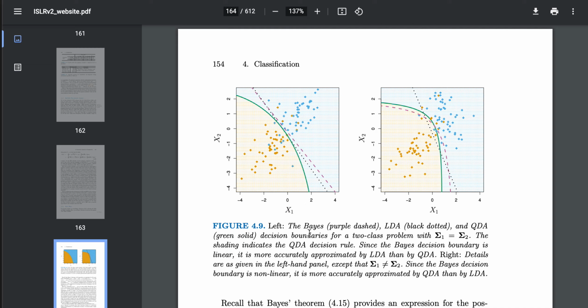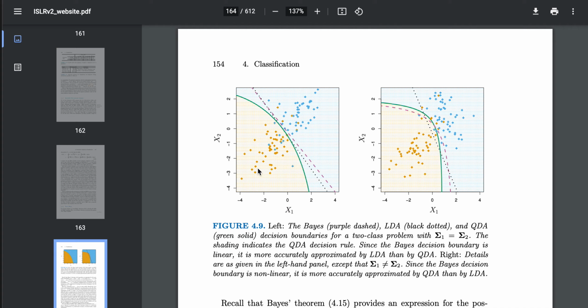So on the left, purple dashed is the Bayes classifier. If you look at this cloud of yellow and this cloud of blue, you see that the orientation of the distribution is more or less the same. The spread is the same.